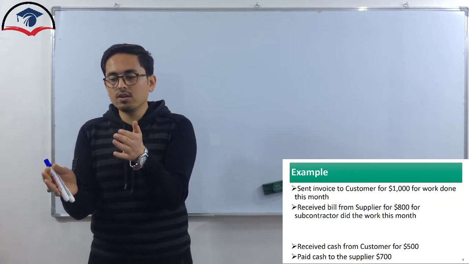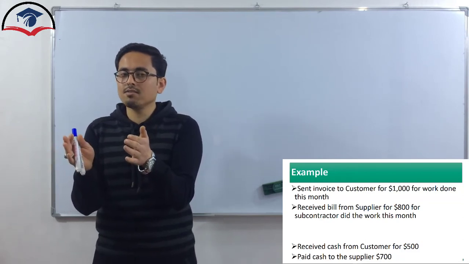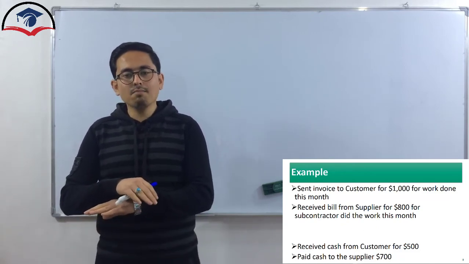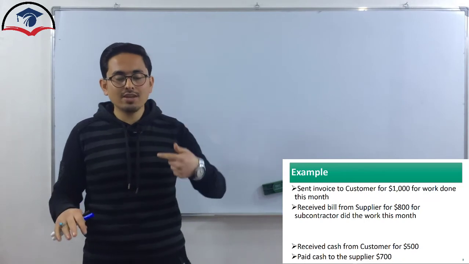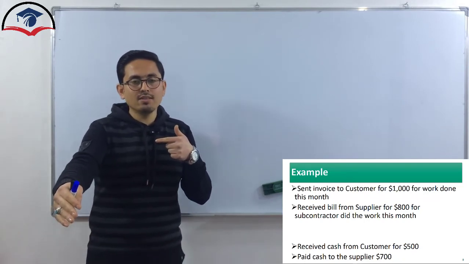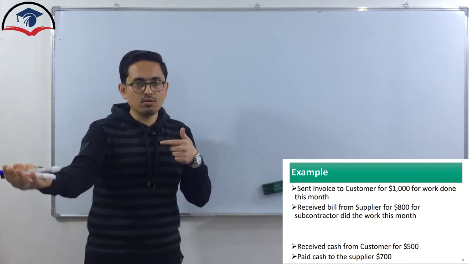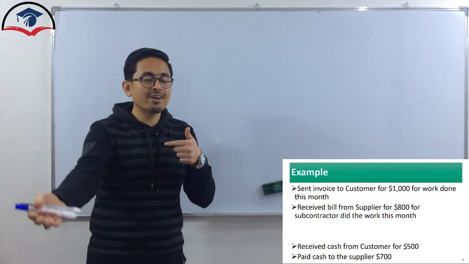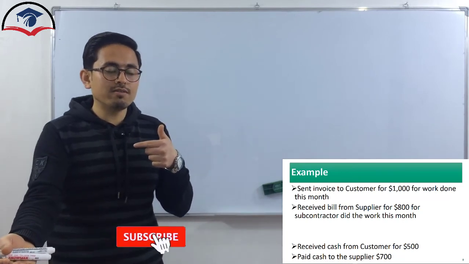There is an increase in revenue and an increase in cash at the same time. But suppose I did not receive any amount for that, but I'm going to receive it next month. Then in the month that I provided that service and goods, I'm going to record that as revenue because I have recognized that under the accrual basis of accounting.